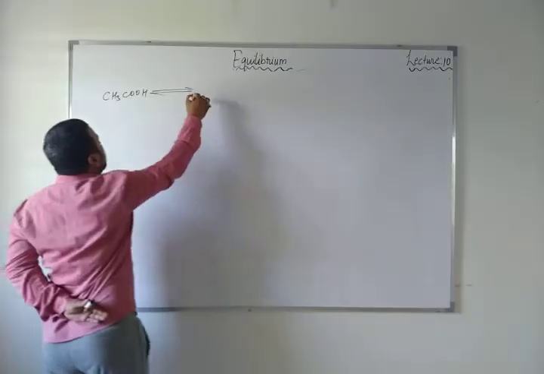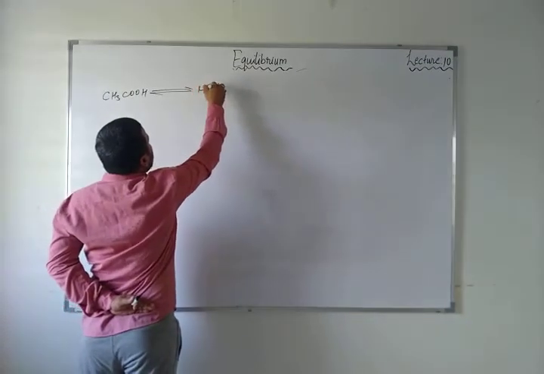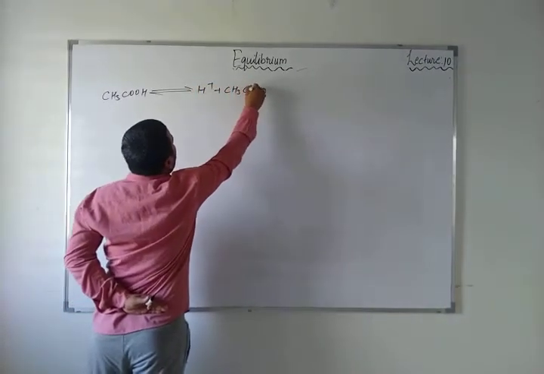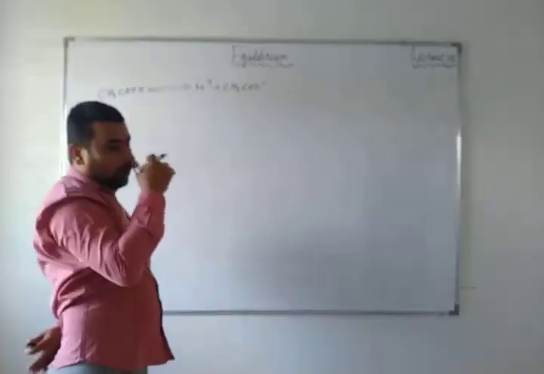This acetic acid will dissociate as H plus and CH3COO minus, the acetate ion and the hydrogen ion.